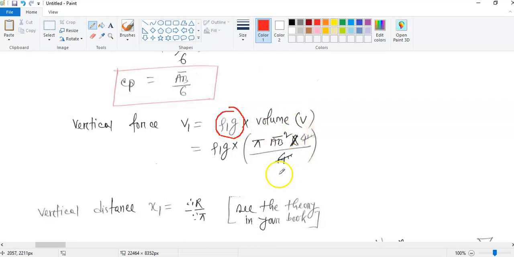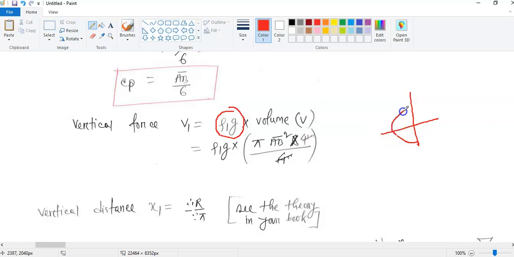So the volume V is, by the formula, 4 into the volume of that surface. It is a quarter circle, so the area is pi r square. This is the area into 4. That means for the full circle, we have only a quarter circle. So if you see here, we have only this section. So this is pi AB square.